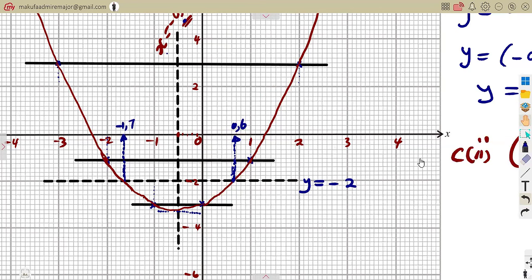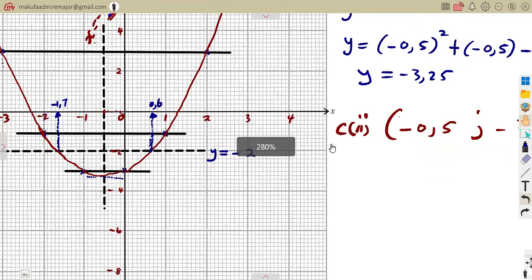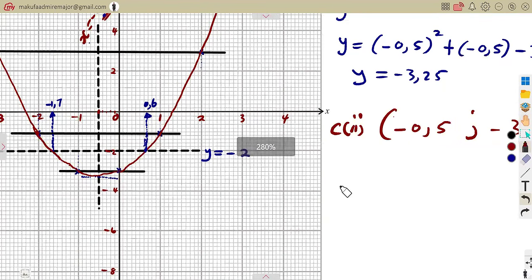So just take proper, remember guys, it's on your graph. So make sure that your graph is smooth. In this case, guys, because of these softwares, we can't have exact values, but it was going to be approximately x = -1.7, or x = 0.6.